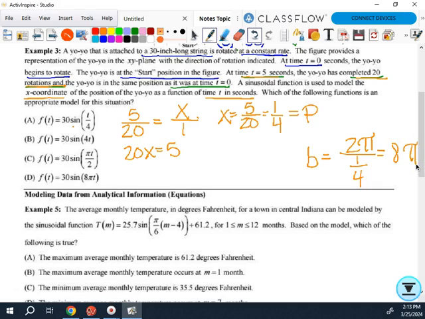And your B is 8 pi. That's this right here, which is letter D. Okay. What questions you got? We good? Because when it's 2 pi divided by 1/4, you keep, change, flip. I'm going to multiply 2 pi by 4 over 1. You have to multiply by the reciprocal. Alrighty.